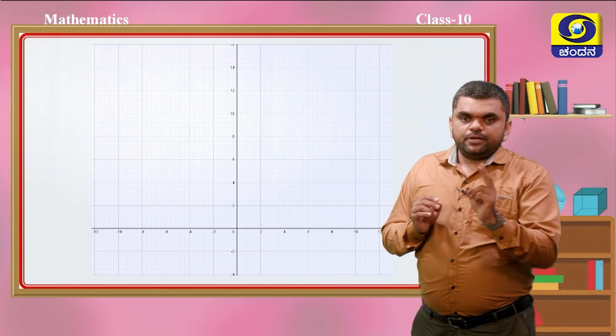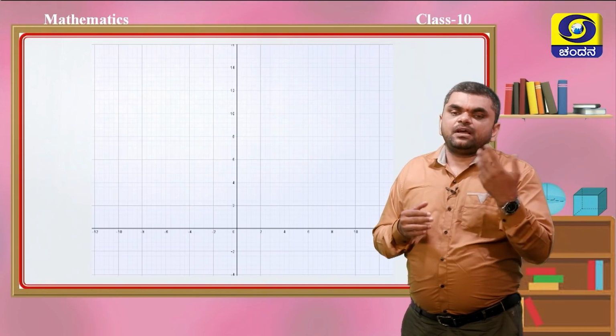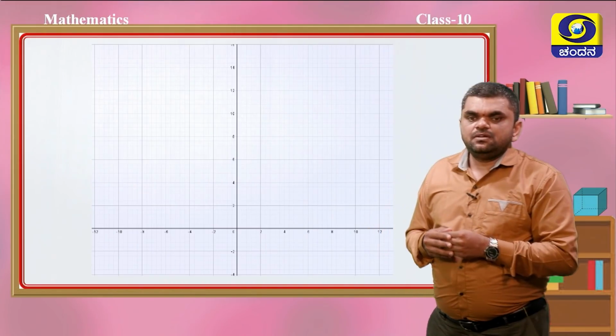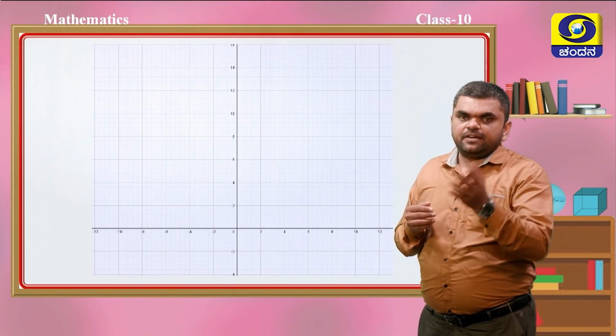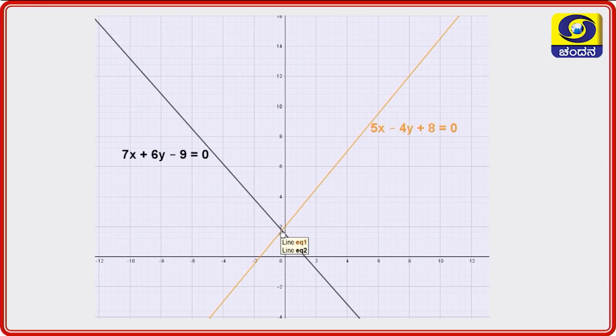By observing only two ratios, A1 by A2 and B1 by B2, we concluded this. Observe here, children, when I plot the same equations in a graph, it becomes like this. This is the equation 5x minus 4y plus 8 is equal to 0, and this is the equation 7x plus 6y minus 9 is equal to 0. They both intersect at a point. That is the solution for the equations.